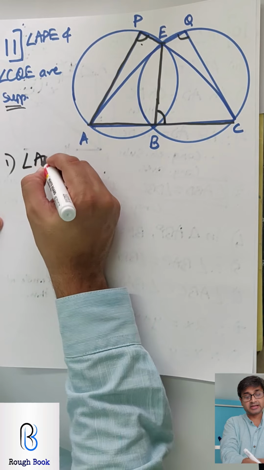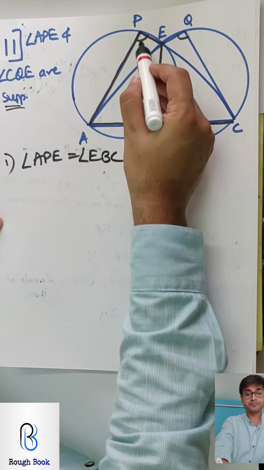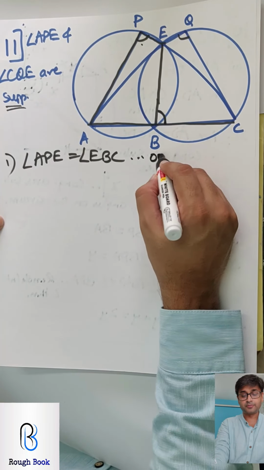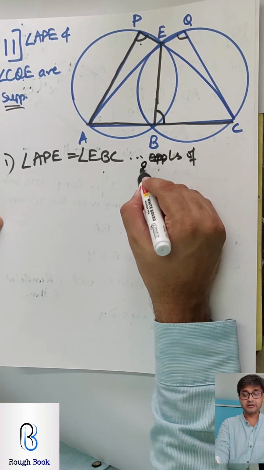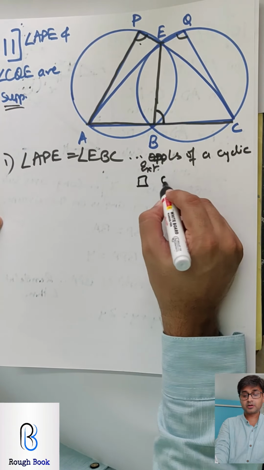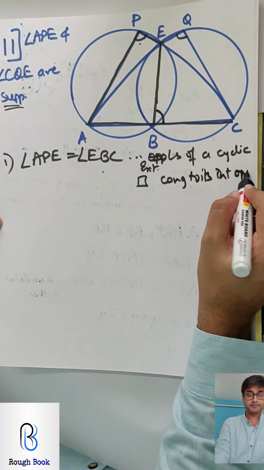So first I'll say angle APE is equal to angle EBC. This one equals this one. No need to give any alphabets, just say opposite angles. Exterior angle of a cyclic quadrilateral is congruent to its interior opposite angle.